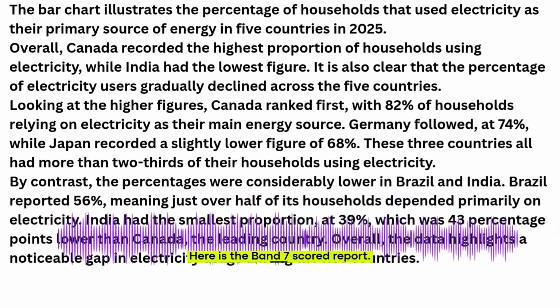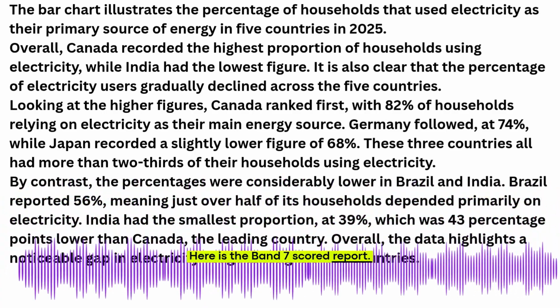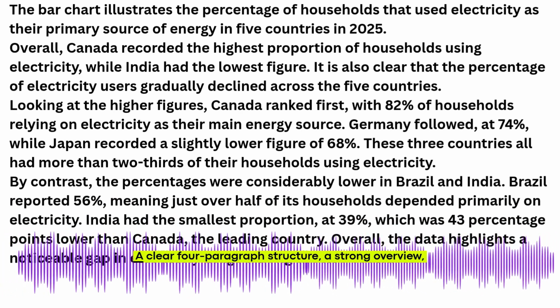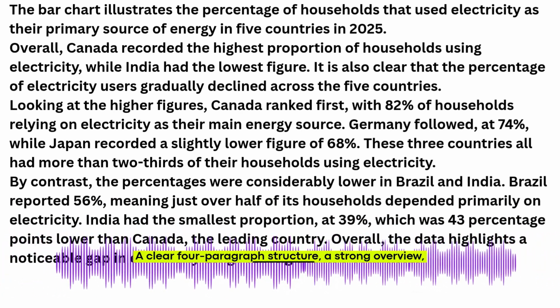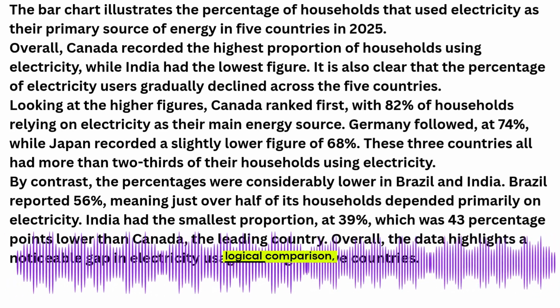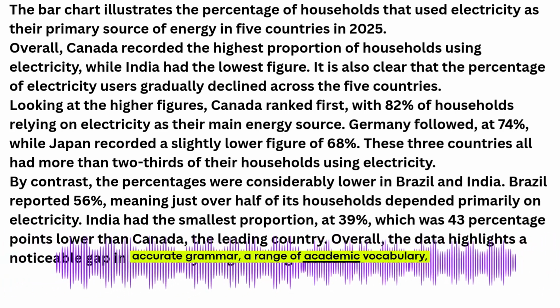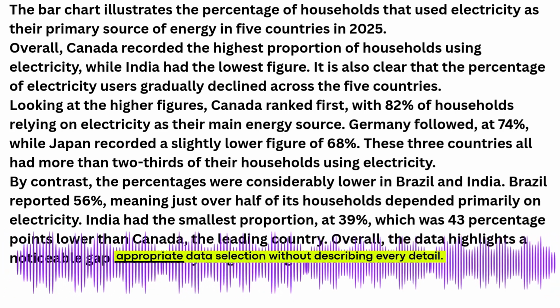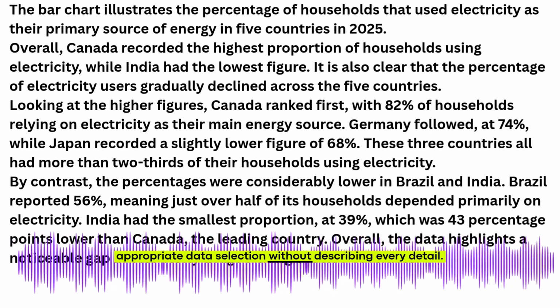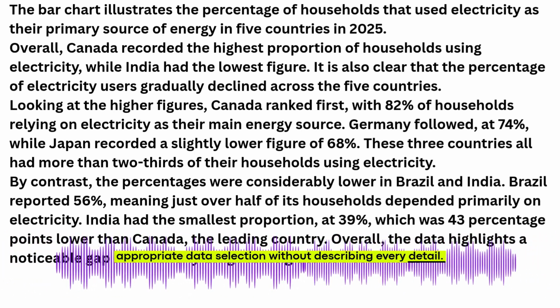Here is the Band 7 scored report. A clear four paragraph structure, a strong overview, logical comparison, accurate grammar, a range of academic vocabulary, appropriate data selection without describing every detail.